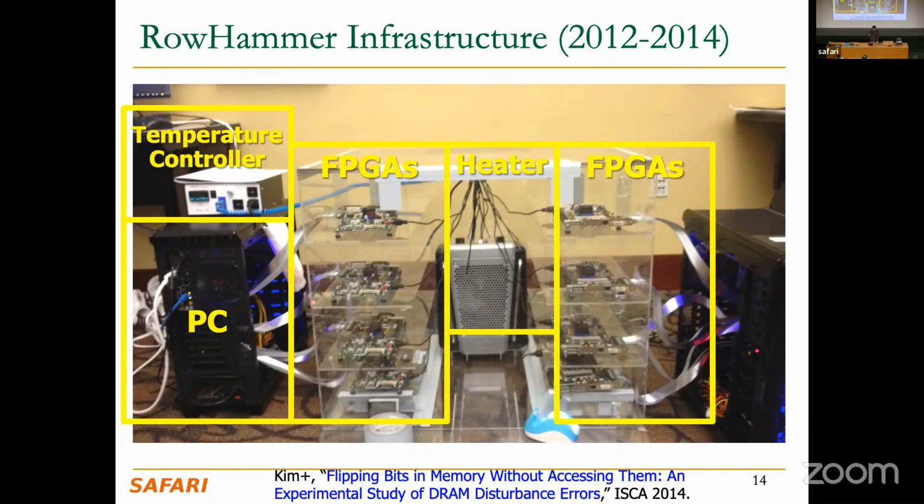It consists of a host machine that controls an FPGA-based DRAM characterization platform that we put the DRAM module under characterization into, so that we can have fine-grained control of the DRAM commands and timings that we send to the DRAM. And the entire setup is also in a heat chamber, so we can precisely control the temperature.